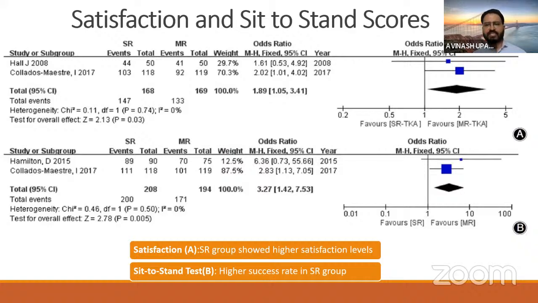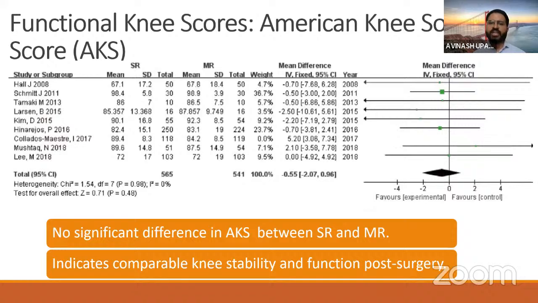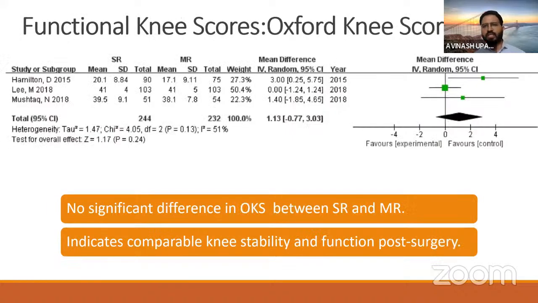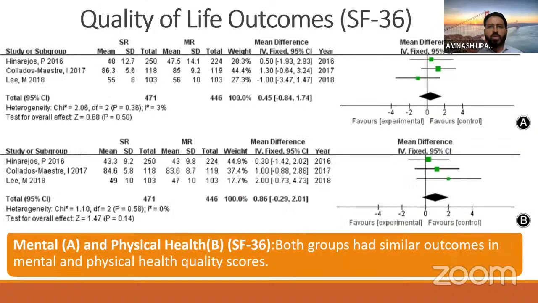There was no significant difference in American Knee Society score or Oxford Knee score. For quality of life outcomes, including mental and physical well-being, both groups have similar outcomes.